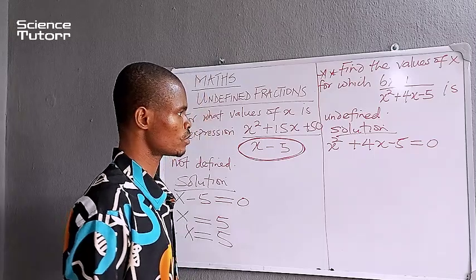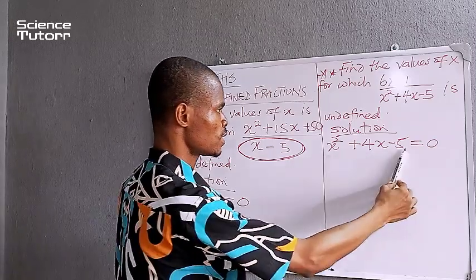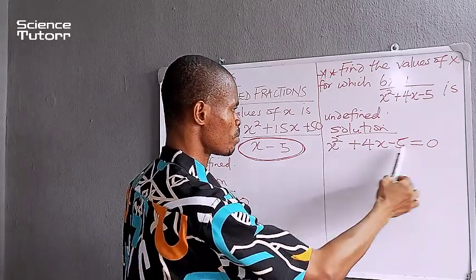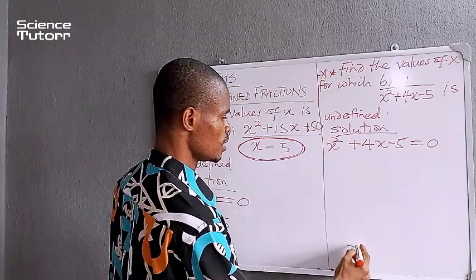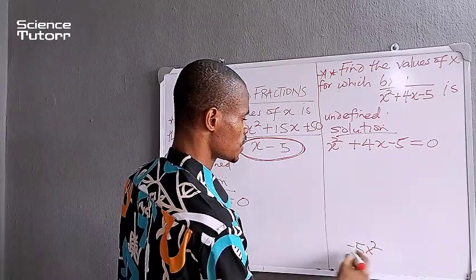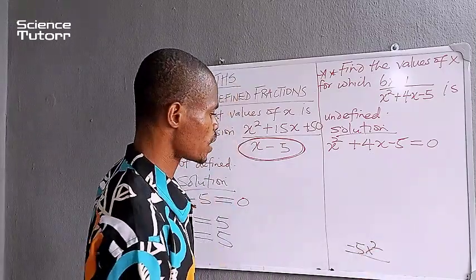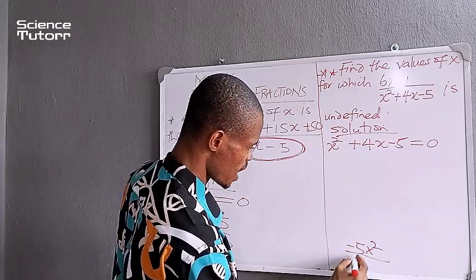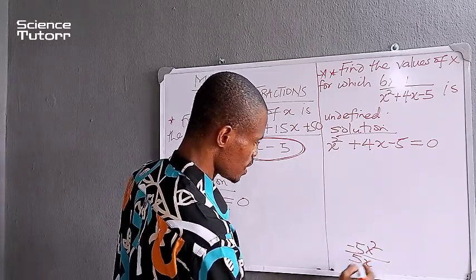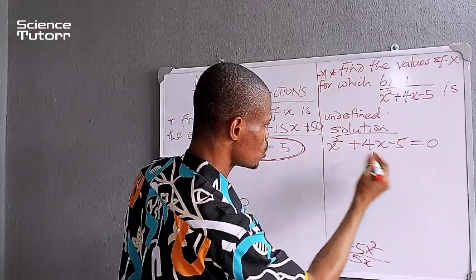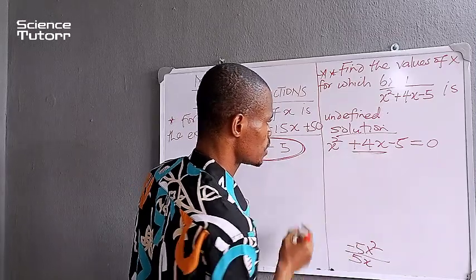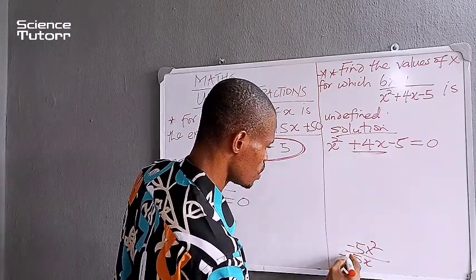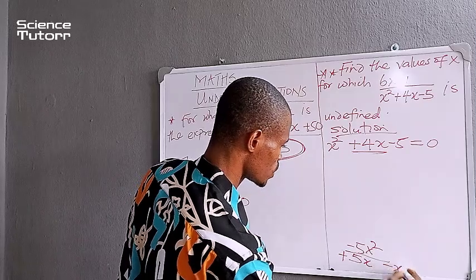Now solving using factorization, the first and the last terms will be multiplied. That gives us minus 5x squared. We look for two values that will multiply each other to give us minus 5, and when we add them, we have the middle term, which is plus 4x. So on that note, it's going to be plus 5x and minus x.